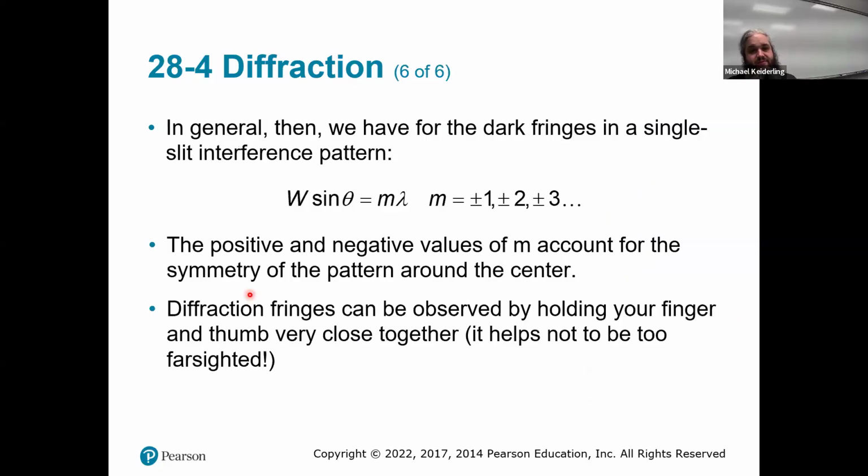In general, the pattern is that the width of the opening times sine of theta equals a whole number times the wavelength. The positive and negative numbers account for the symmetry around the center. And you can see them if you hold your finger and thumb very close together.